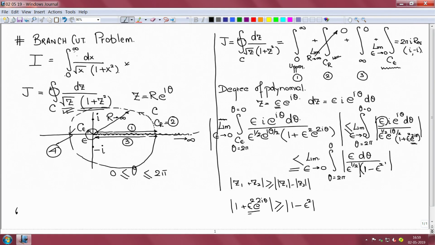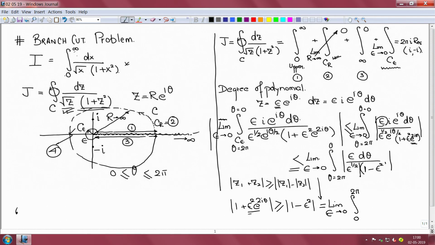Okay. So, now what happens is this is equal to the integral is equal to limit epsilon tending to 0, okay, integral. Here I will switch the integral limits because we need a positive value.